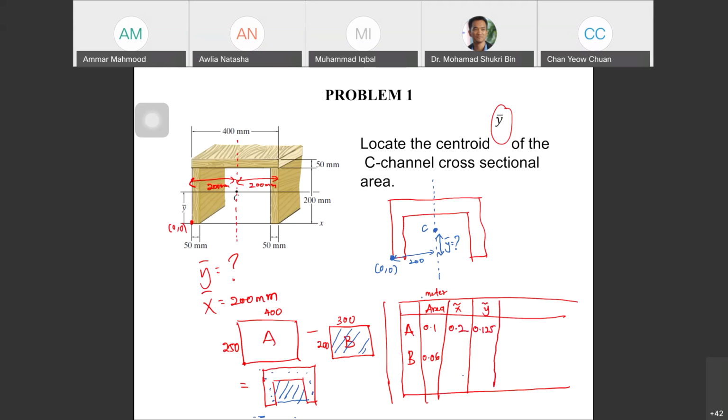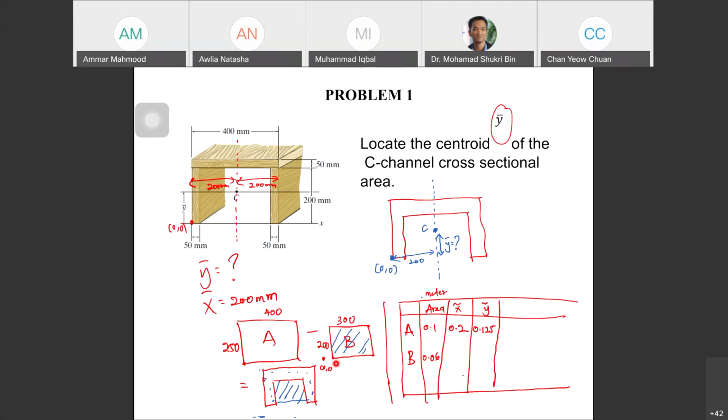For the B, the origin is simply here, 0, 0. Your origin is not at the edge of B, but it's simply shifted to the left, because your B is the hollow part, so you need to shift about 50 mm.